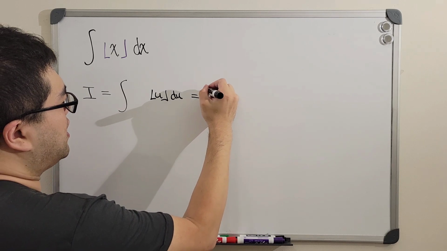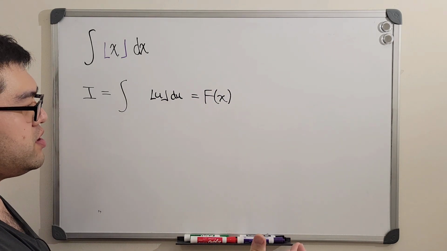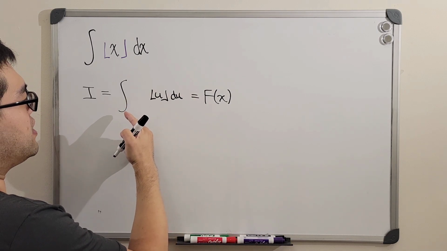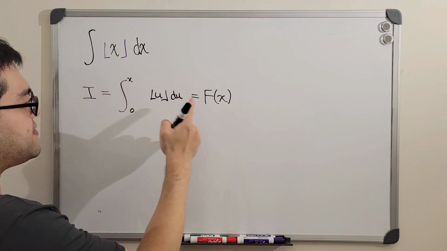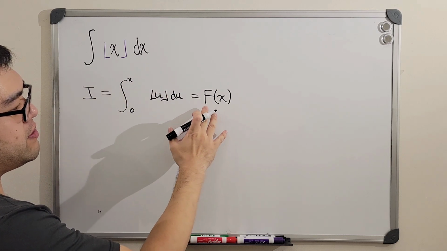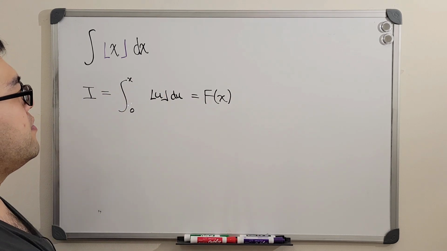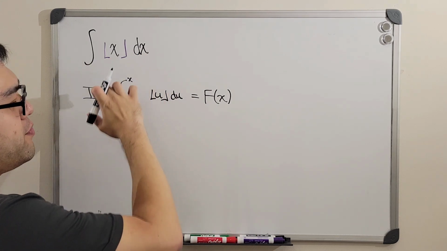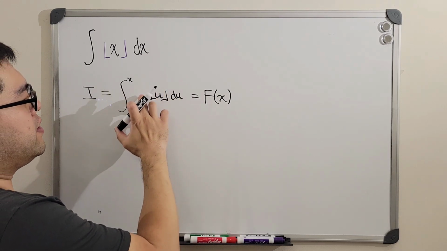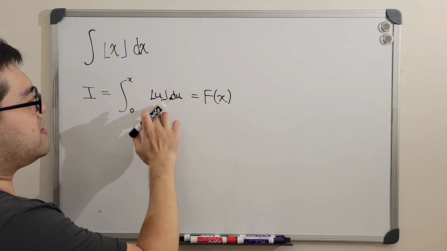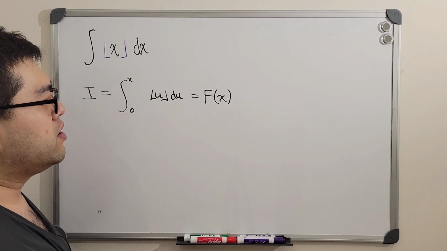It says that this function here, if we call it capital F of x, which is actually the integral, can be rewritten as the integral from 0 to the x value here. Usually they will say F of a, and then it will be from 0 to a. Again, just because we want to throw the x back in later on, I'll stick with x. The derivative of this capital F function is actually the function that's given here, okay?